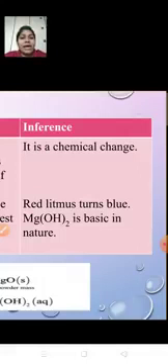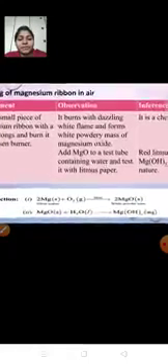So it indicates that the magnesium hydroxide is basic in nature. So which type of change is it? Physical or chemical? So over here a new substance is formed, magnesium oxide. So it is a chemical change.